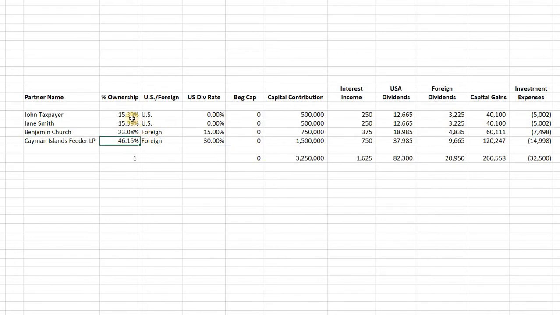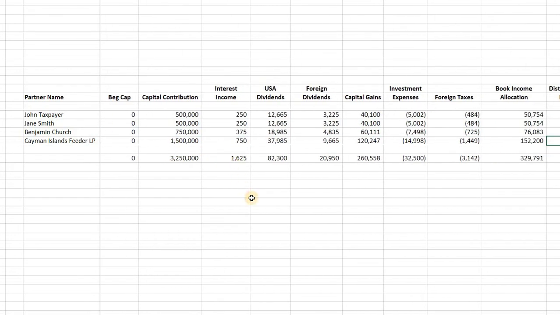Makes sense, right? So we use these ownership percentages to figure out, okay, of the total interest income, total U.S. dividends, total foreign dividends, allocate a certain amount to each person based on that ownership percentage, right? And so we just go on down the board with all these items. So we've got the U.S. and foreign dividends, the capital gains being allocated.